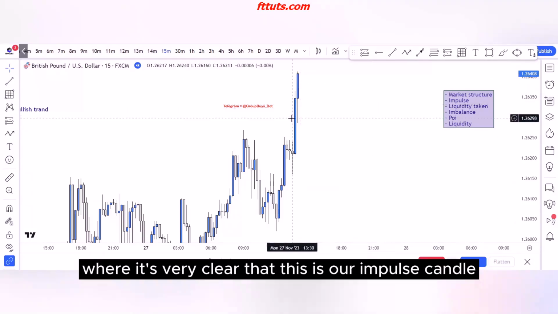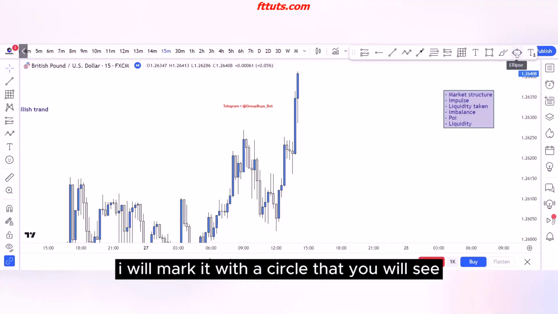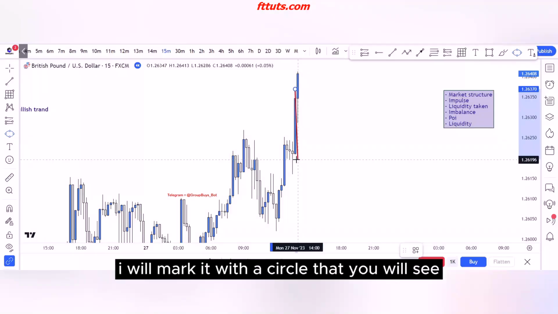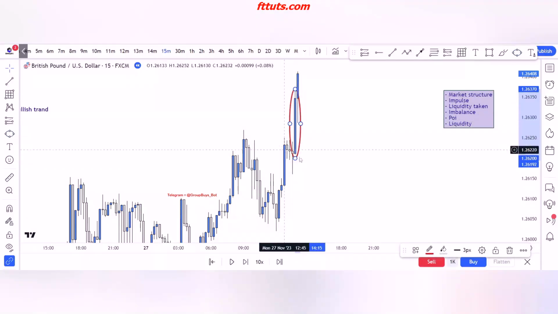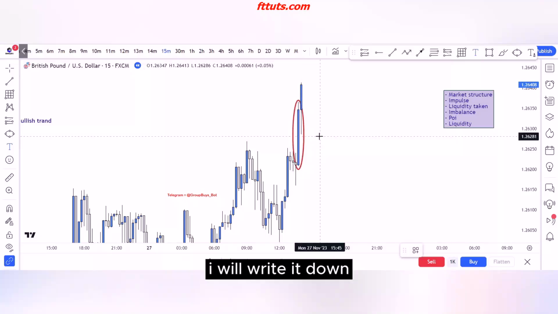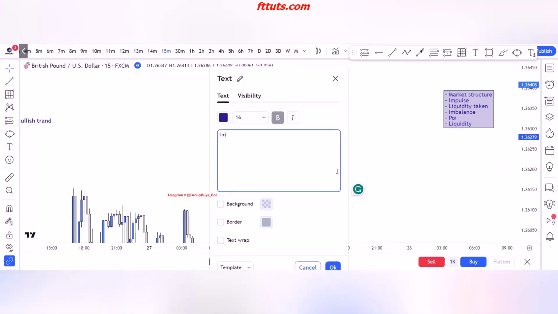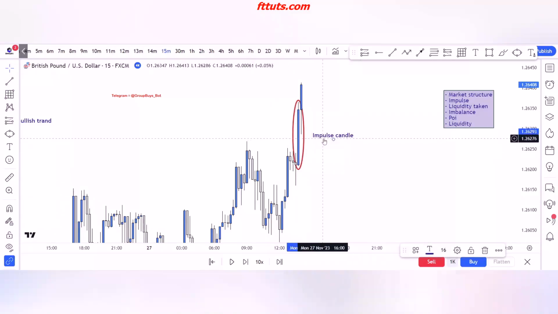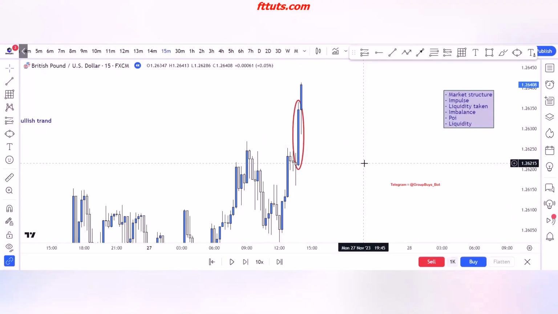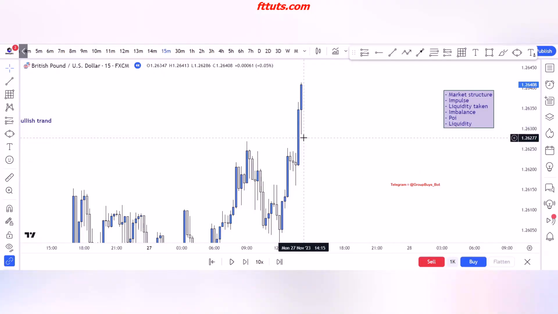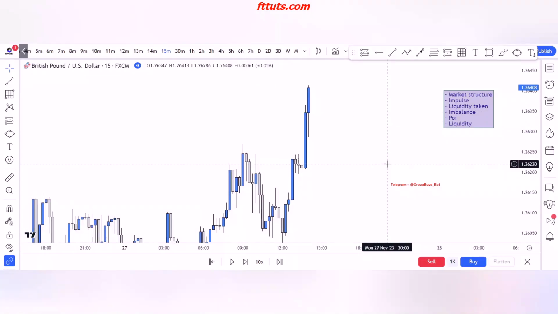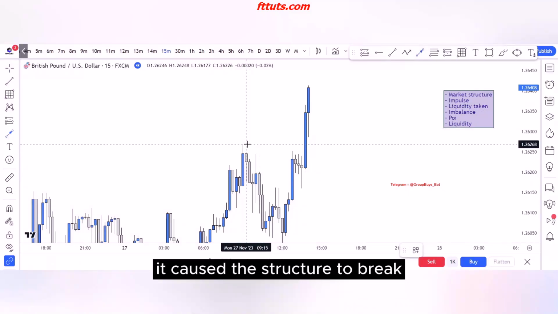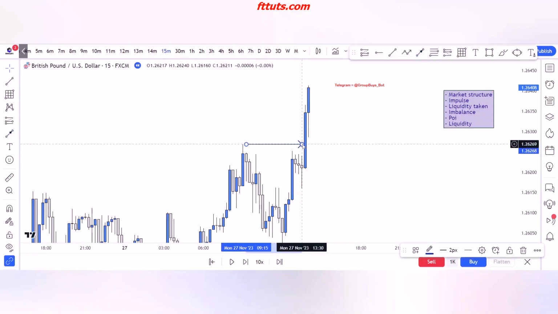Well, it's very clear that this is our impulse candle. I will mark it with a circle that you will see. I will write it down. It caused the structure to break, so I will mark it in this way.